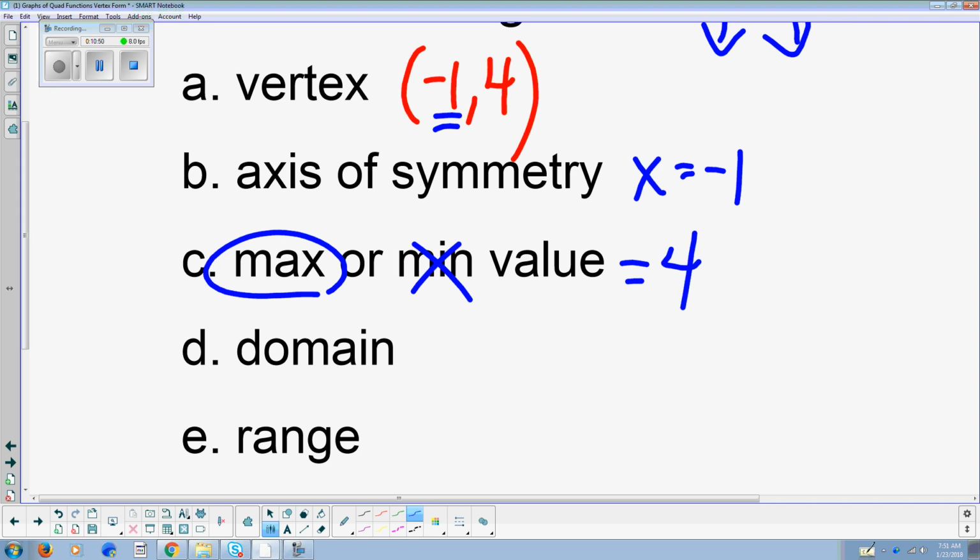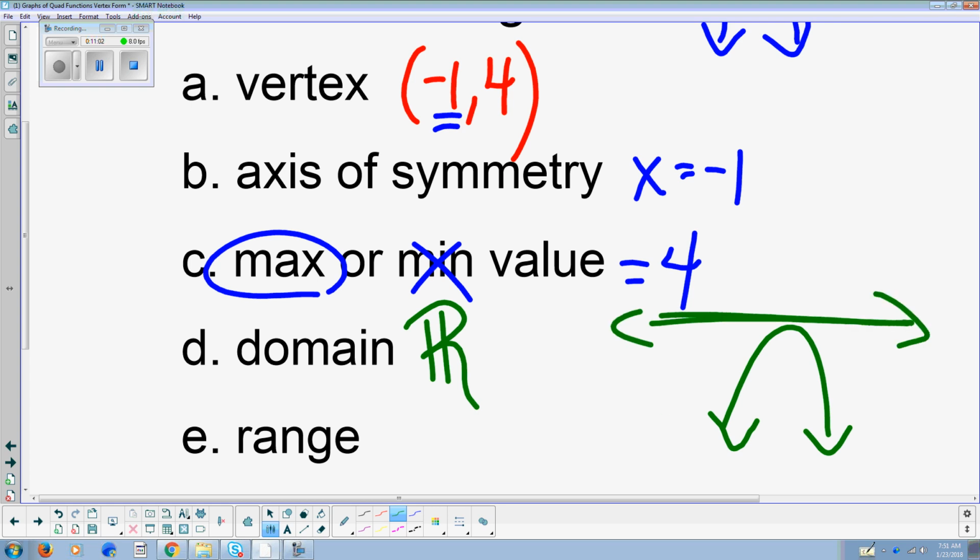The domain, again, is going to be all real numbers, because even though this parabola is frowning, if we lay it flat or smash it flat to the x-axis, it's just going to flatten out on that x-axis. So it's all real numbers, or -infinity to infinity.